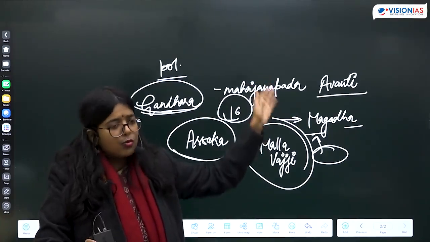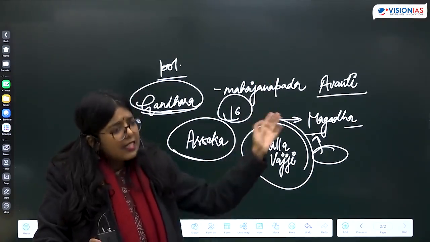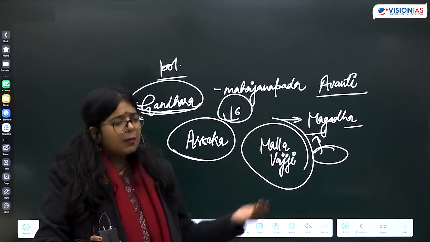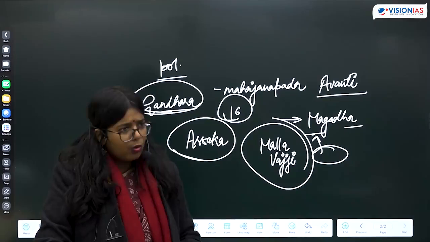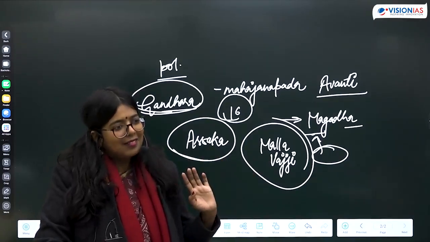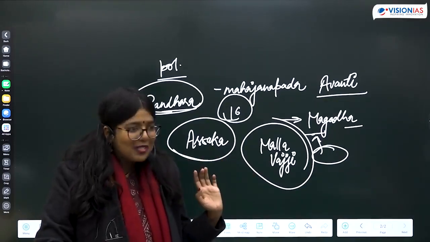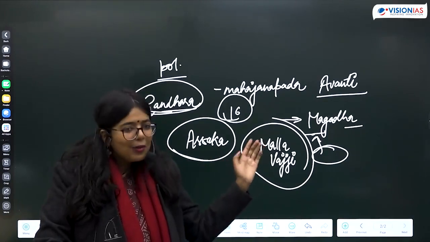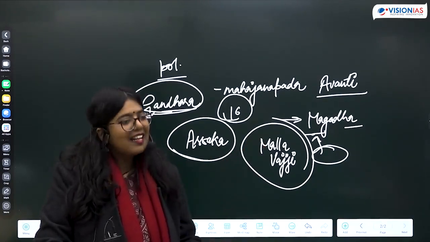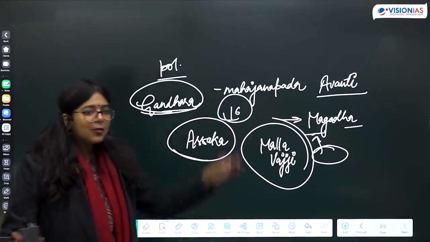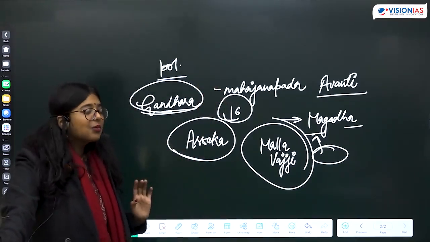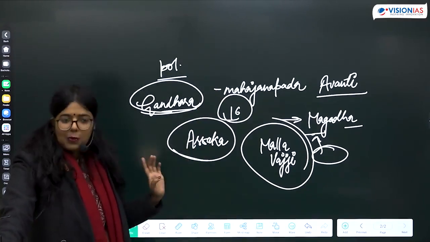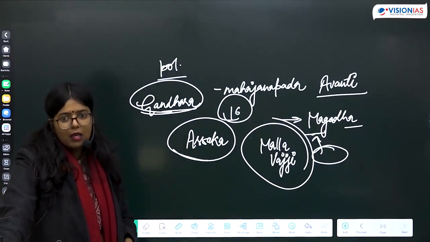So he is going to Kosala, to Kashi, to Malla Mahajanapada and preaching there. It is not that there was enmity, because he is a philosopher. He is not a ruler who is going to have a political rivalry. So he was invited to Avanti, but he could not go. That is one important fact that we need to remember.